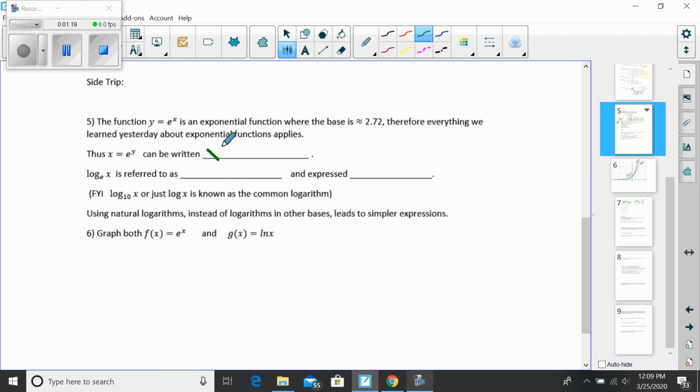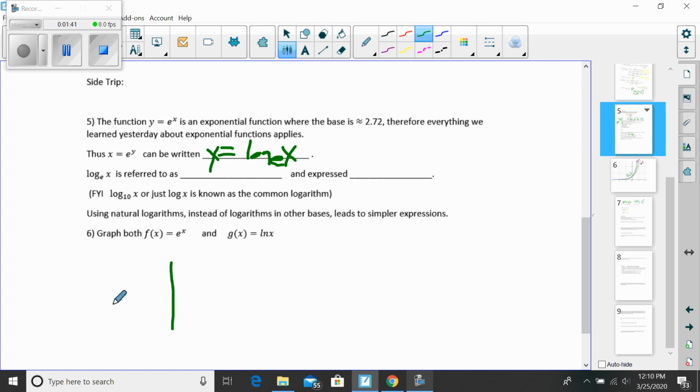Well, what's a logarithm? A logarithm is an exponent. So when I want to solve this for y, this is written as log to the base e of x. That's the inverse of y equals e to the x.